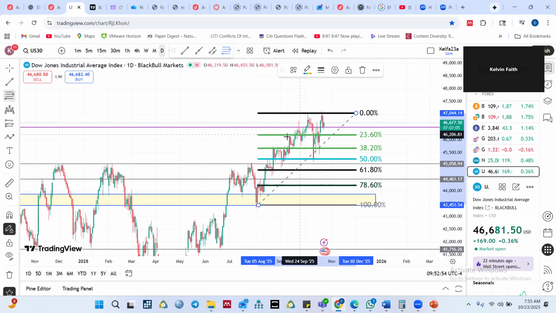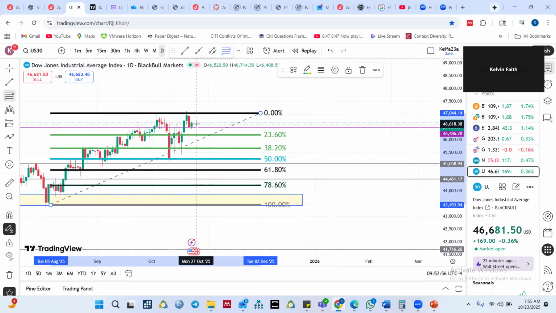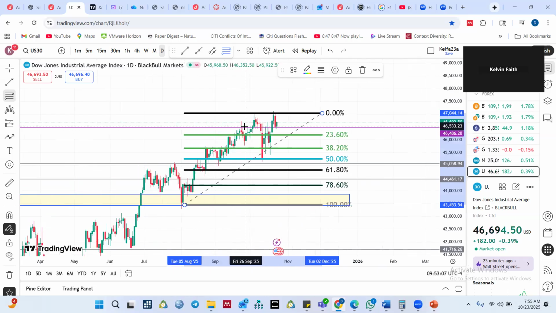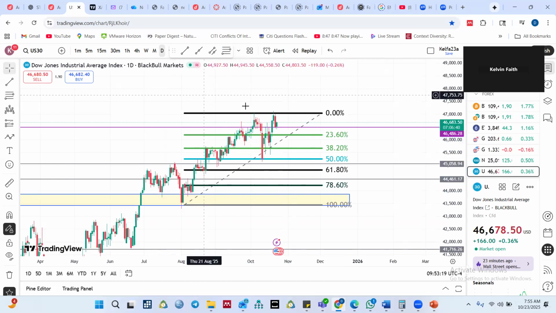So what we should be looking for right now is, after this pullback, we have to find an important resistance support point up here, so that if price is able to close below that resistance support, we will be able to frame our sell setup for the pullback.